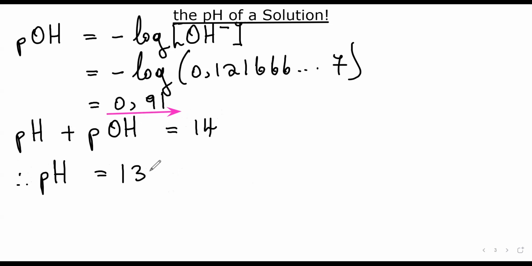And you find that the pH of the solution will be 13.09. Yes, this is the pH of the solution. And it makes perfect sense because they told you that the base is in excess. And the pH that we are getting here is an indication of that, to say the final solution is basic or alkaline.